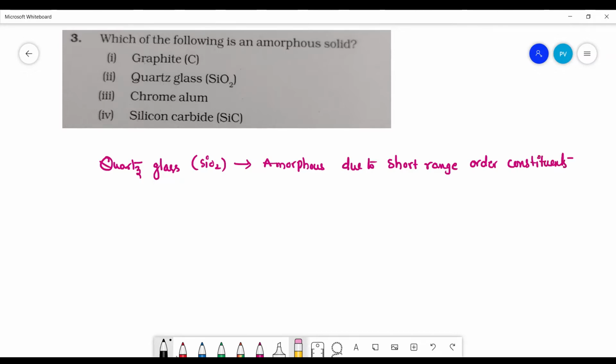Here is one important point: quartz is a crystalline solid. Don't confuse. Quartz glass is amorphous.